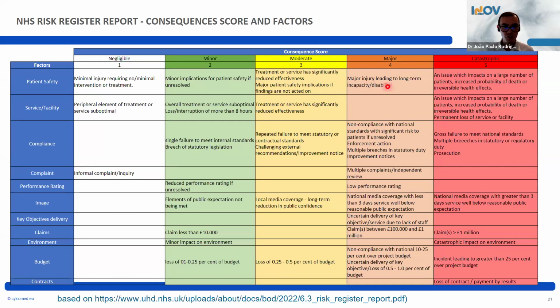At 4, we have major injury leading to long-term incapacity or disability. And catastrophic, we have an issue which impacts a large number of patients, increased probability of death, or irreversible health effects. So I have to stress this: these factors and this consequence score are defined by executive level personnel, or it's delegated directly by them to other people.